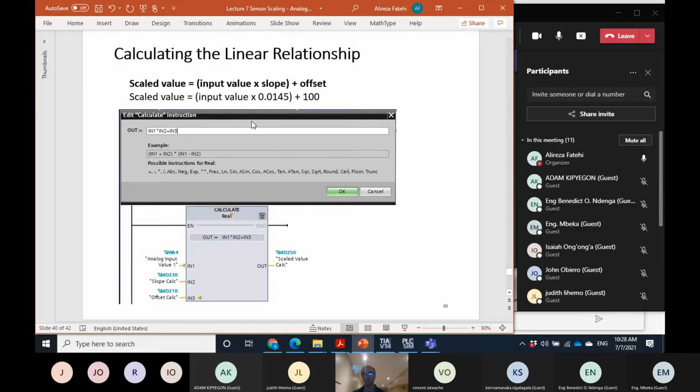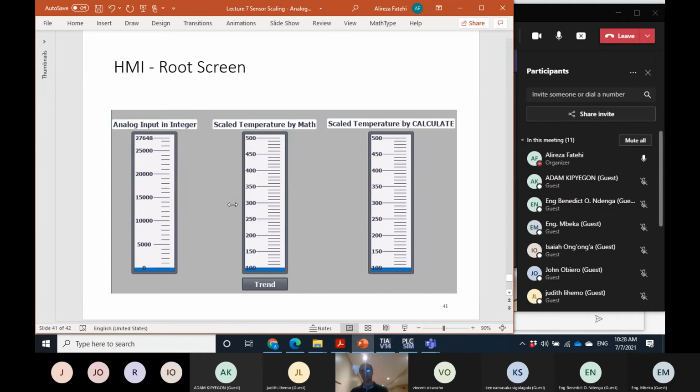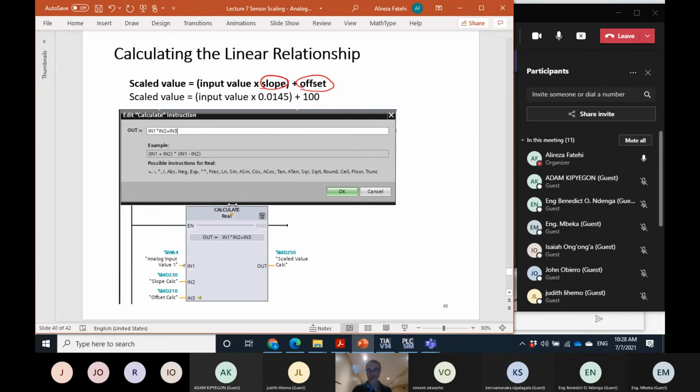But just to make it readable, I separately calculate the slope, the offset, and then the scale value. So just three calculate functions. Okay, so this is the one that I can use.